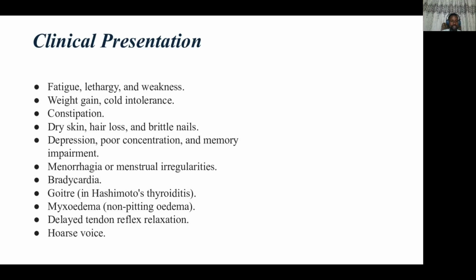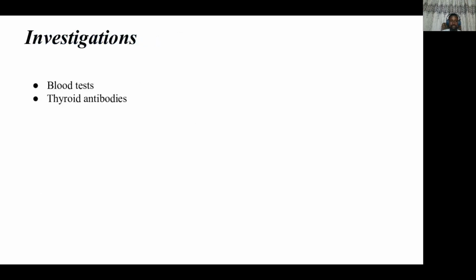Some investigations to do in a patient with hypothyroidism include blood tests, and you would find an elevated thyroid stimulating hormone, which usually indicates primary hypothyroidism. We're also going to find a decreased free thyroxine in the blood.